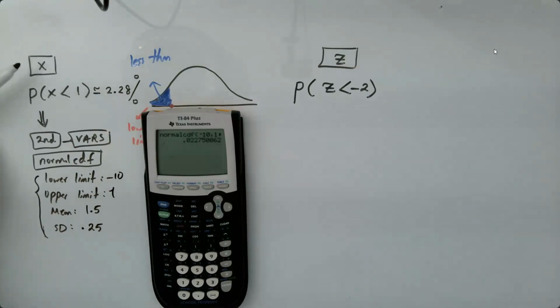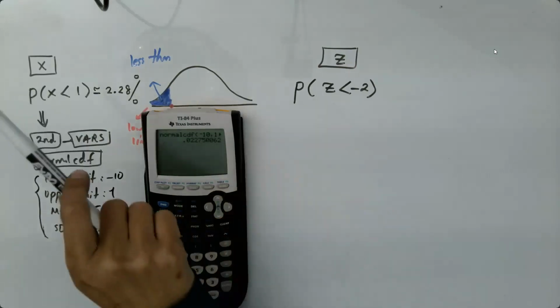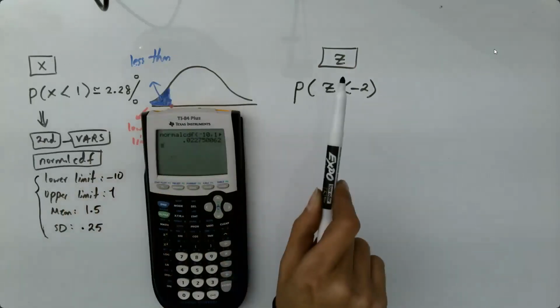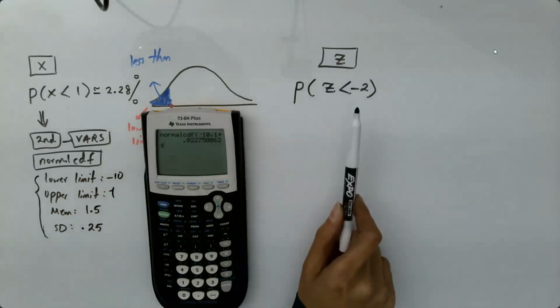If the data is not confidential, use the normal CDF, your lower limit and upper limit, mean of the actual data, standard deviation of the actual data, non-confidential. But if it is confidential, we converted that X equals 1 into Z, which is -2.